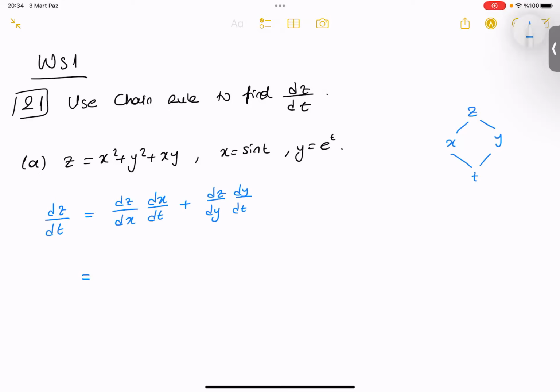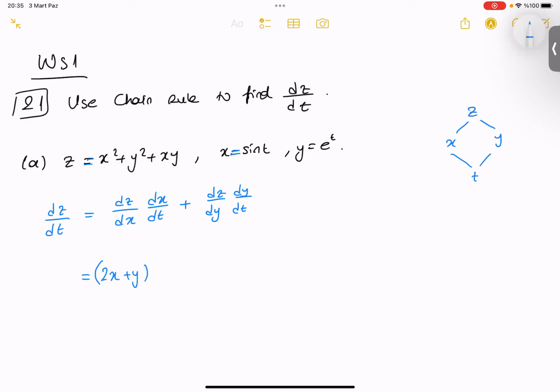Now, what's dz over dx? So z is given here in the question. We will use that equality. So it is 2x plus y. This is dz over dx. And what about dx over dt? x is given here. We will use that.